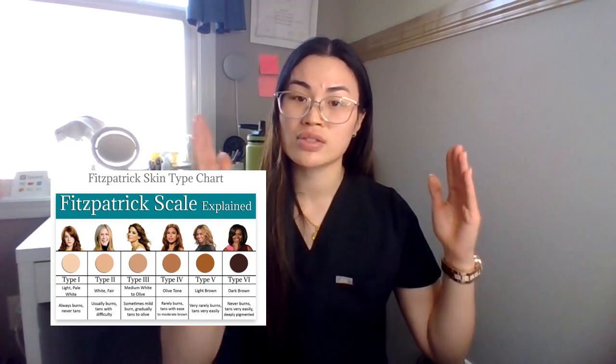So before we begin talking about the difference between the treatments, I want to discuss the different skin types and skin tones. In the aesthetic industry, we use something called the Fitzpatrick scale skin typing. It's a guideline to help the estheticians and dermatologists out there to stay in the safety protocols.